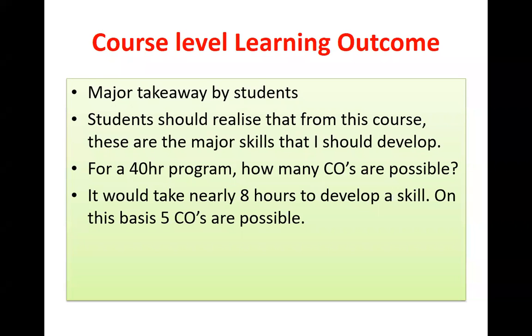Most of the time we'll have a confusion as to how many COs we should write for a given course. Okay, so for a 40-hour program, it would nearly take 8 hours to develop a skill in the students. So on this basis, 5 course outcomes are possible.